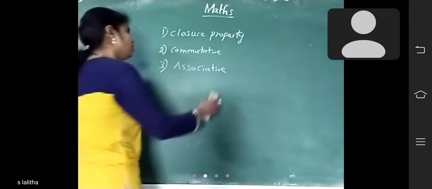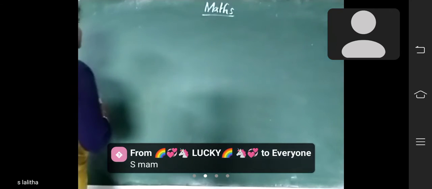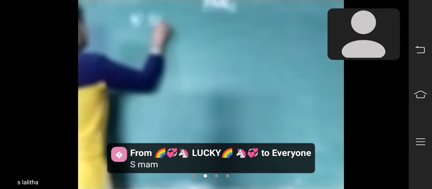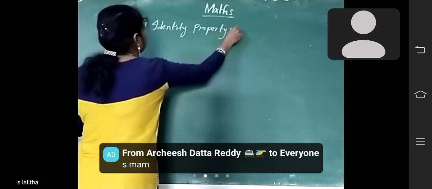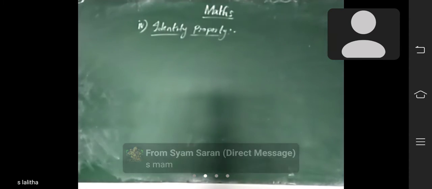Okay. Now today's class, what is the property? Next property is identity property. Fourth one, identity property. What is called an identity property, children?